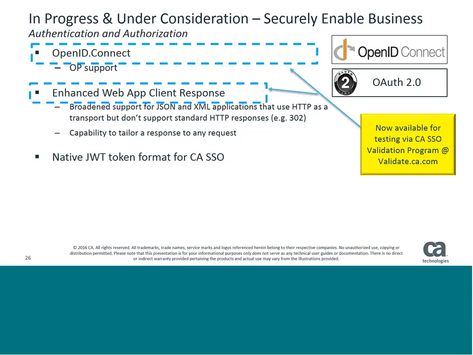In the context of web applications, there are script engines which execute and request resources and display content, and these requests can trigger agent-generated behavior. So the enhancement allows the agent to send a customized response format in either JSON or XML. And of course, we are looking to provide support for native JWT token format in CA SSO, as an important thing on our roadmap.